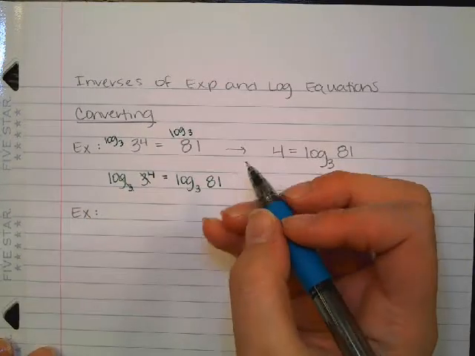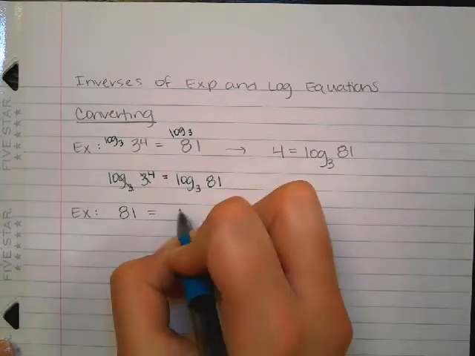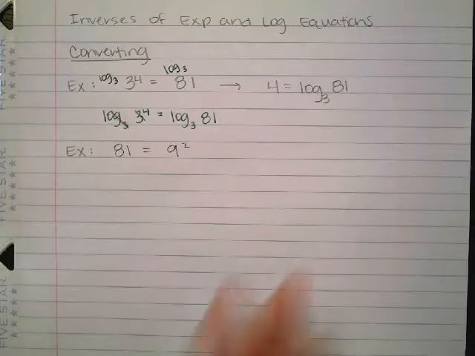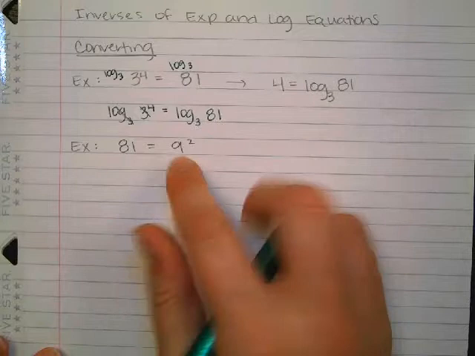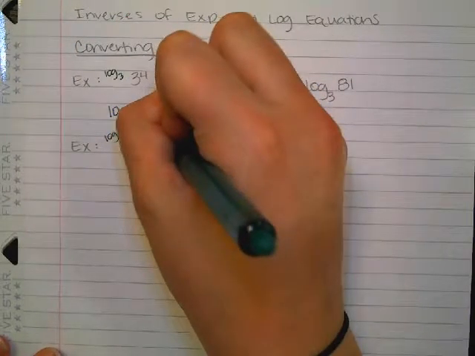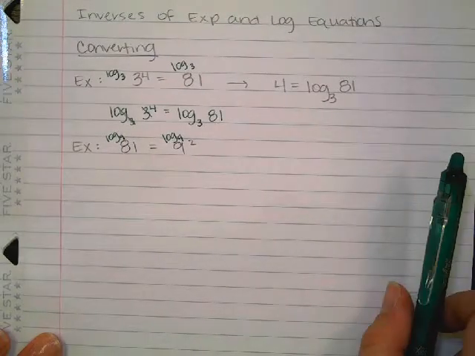All right, here's another example. I'm going to use 81 again. I'm going to say 81 equals 9 squared. So this time, the base of the exponential piece is a 9, and for this one, I'm going to log base 9 each side. Whatever the base is, that tells you what log base to use.